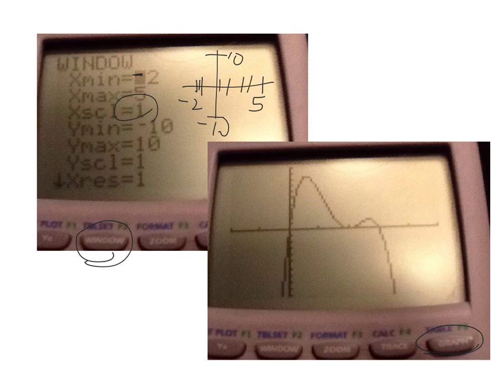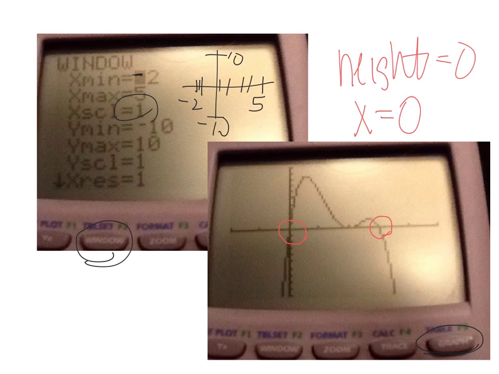So at height 0, it looks like we're at x equals 0. Height is 0 when x equals 0. At that value, each term is equal to 0.